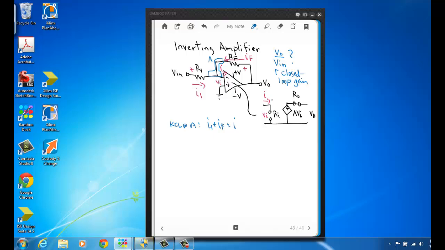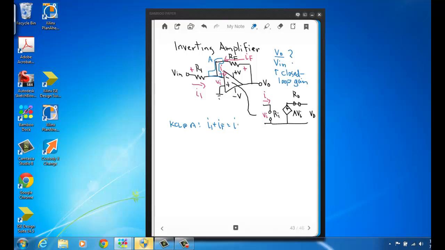Now, this is one of the reasons why I drew this model circuit. See, this current here right at the input of the op-amp, ideally that current's going to be 0 because the input resistance of an op-amp ideally is infinite. In actuality, this Ri is not infinity, but it's a really high resistance, like several million ohms. So in reality, this current's very small, and in most cases, that negligible current doesn't have much of an effect on the result of our closed loop gain.